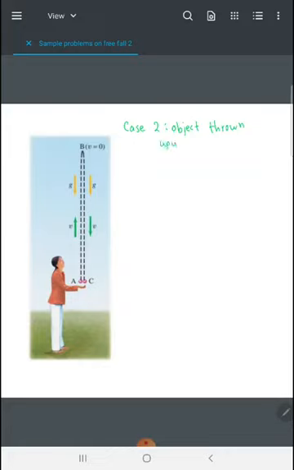So, syempre, dahil tinrown siya upward, of course, babagsak din siya. From point A to B, B is the maximum height, and then from B to C. So, ito yung case 2. So, mag-iiba ng konti yung ating approach. Okay?